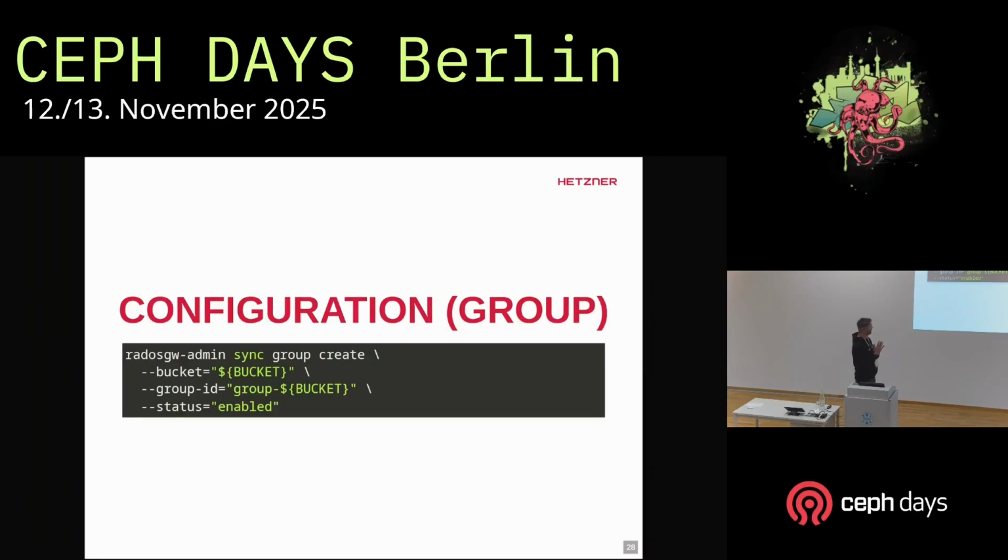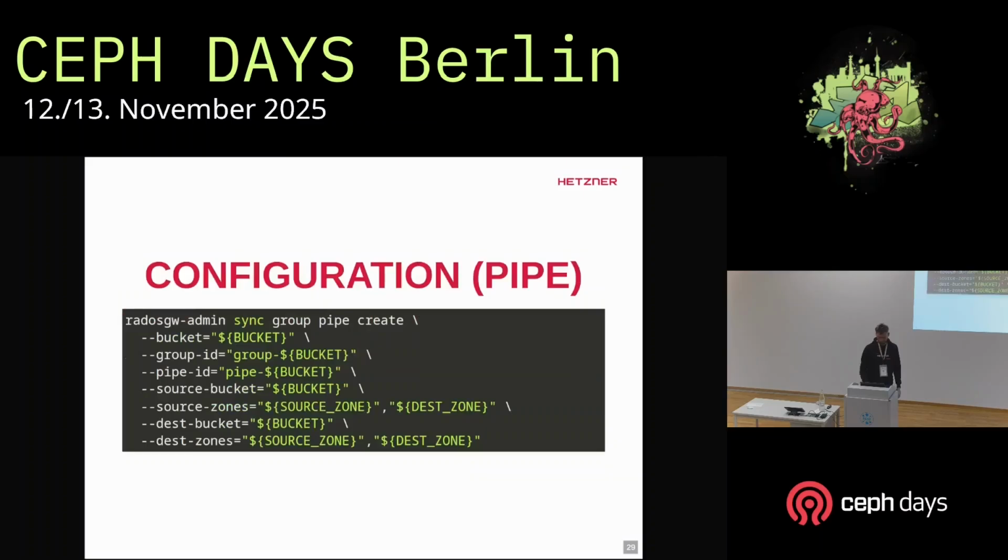Basically, the next step is the actual preparation for the synchronization. So again, we create a group for this particular bucket that we want to synchronize. We create the pipeline from the source to the destination. Remember, this is already a working multi-site setup, so you have to have a working multi-site Rados gateway setup at that point.